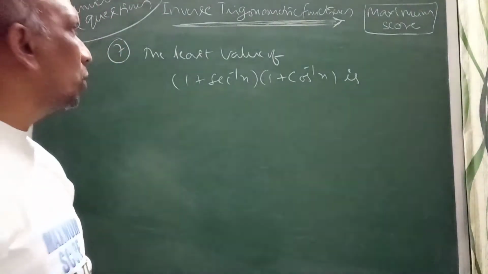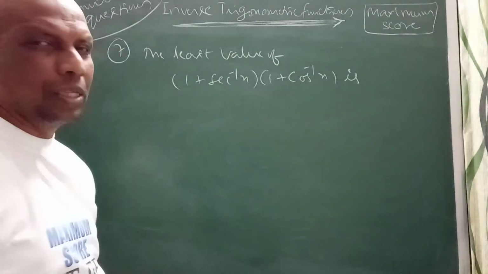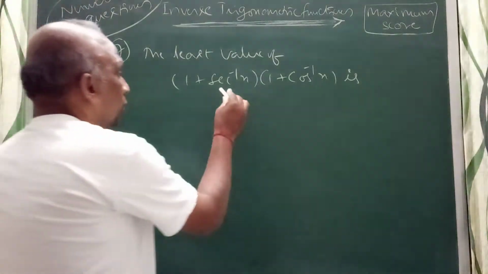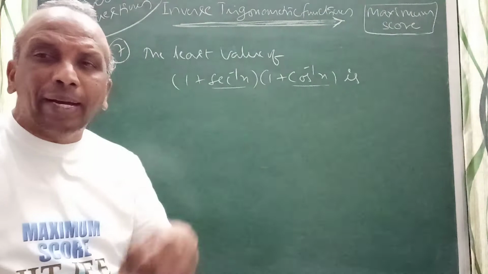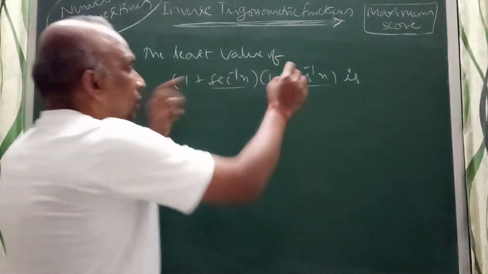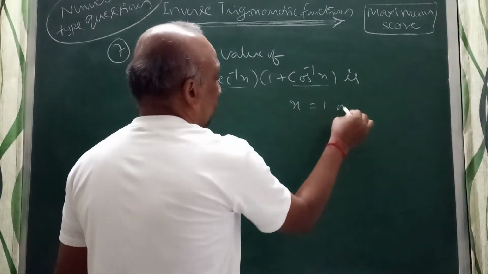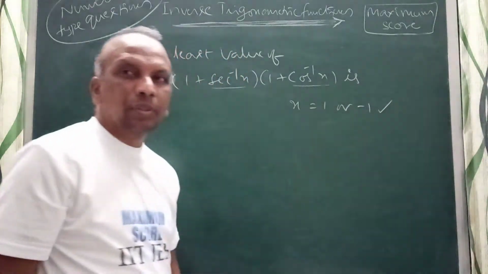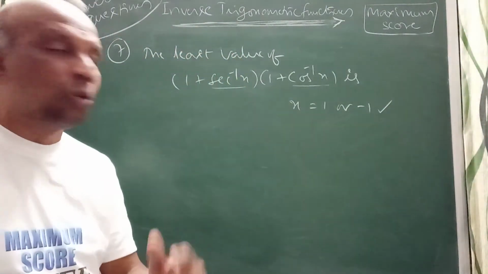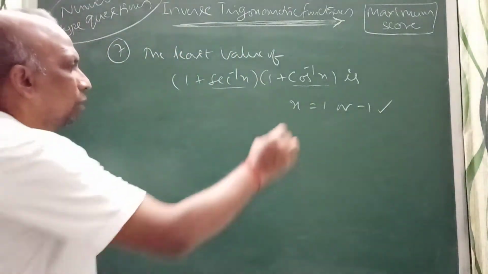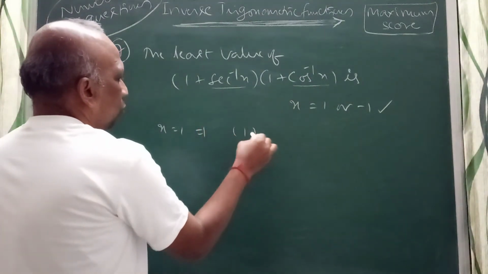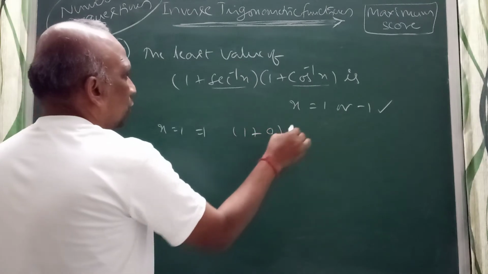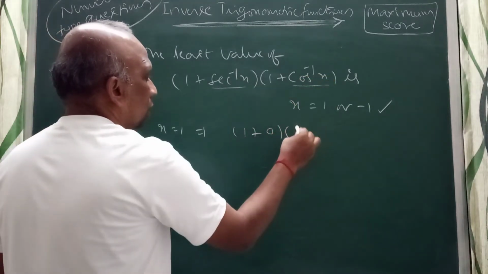So just observe this problem. They are asking the least value of this expression. But think about the domain of these two functions, secant inverse x and cos inverse x. Both should be satisfied, which means definitely these two are defined when x is equal to 1 or minus 1, right? These are the common values. Suppose we take x equal to 1. We get 1 plus secant inverse 1, which is 0, into cos inverse 1, which is 0, right?